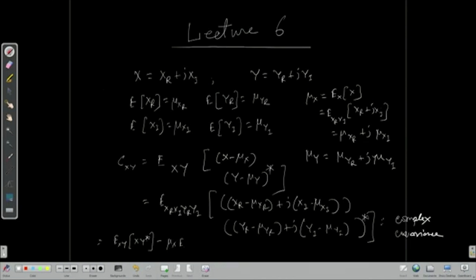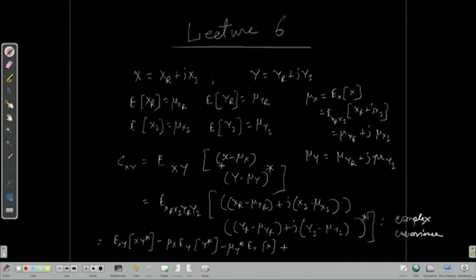So, E of x y star; since x does not figure inside, x will drop off, and then minus mu y star E of x, and again y does not figure here, so y will drop off, plus mu x mu y star expected value.